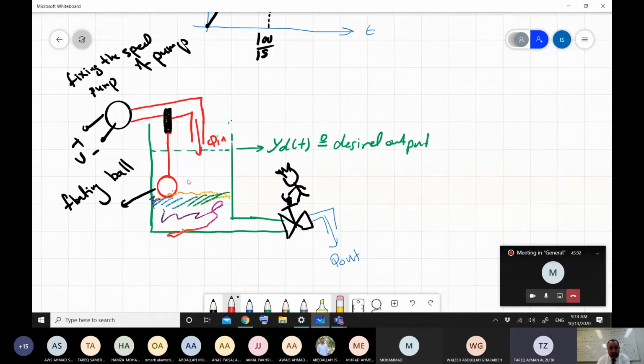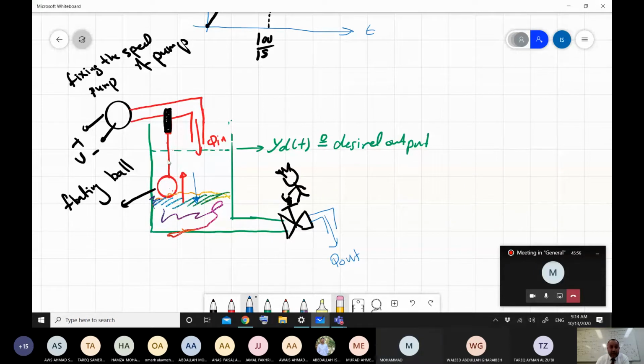So according to the actual level, if the actual level increases, then the floating ball will go up. And if the level is reduced, then the floating ball will go downward.